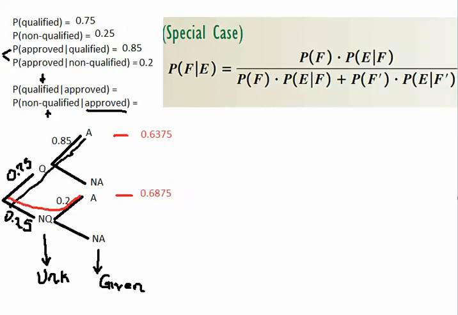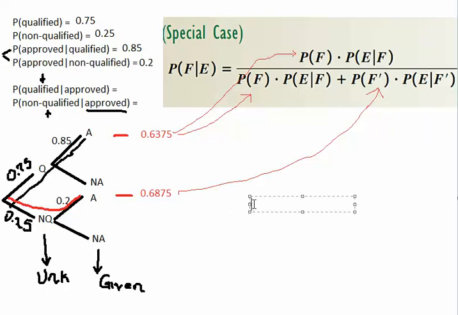Now, if you look again at your screen, you will realize that this branch is nothing else than this part and this part of the Bayes theorem, while this branch is equal to this part of the Bayes theorem. Okay, so we apply the Bayes theorem and we have at the top 0.6375, and at the denominator we have 0.6375 plus 0.6875.